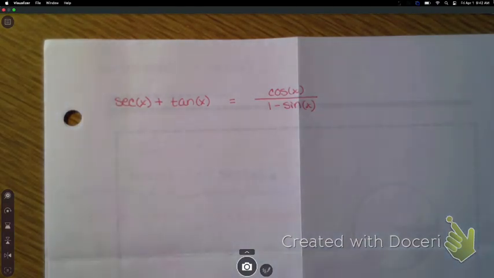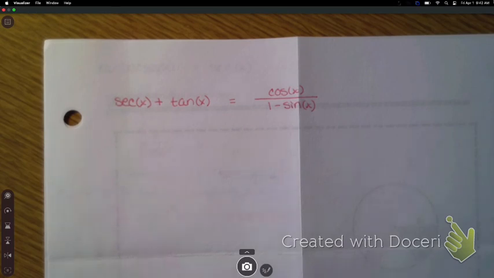How could I make the denominator 1 minus sine squared? Multiply by its conjugate. Could I multiply both the numerator and the denominator by the conjugate?